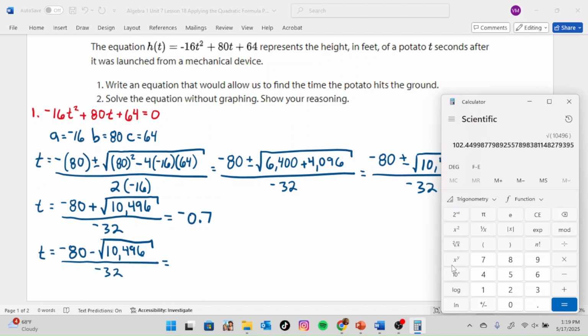Now we make this negative. Then we subtract 80, and we get negative 182 and the rest of it. Now we're going to divide it by negative 32. And this is going to give us 5.7.